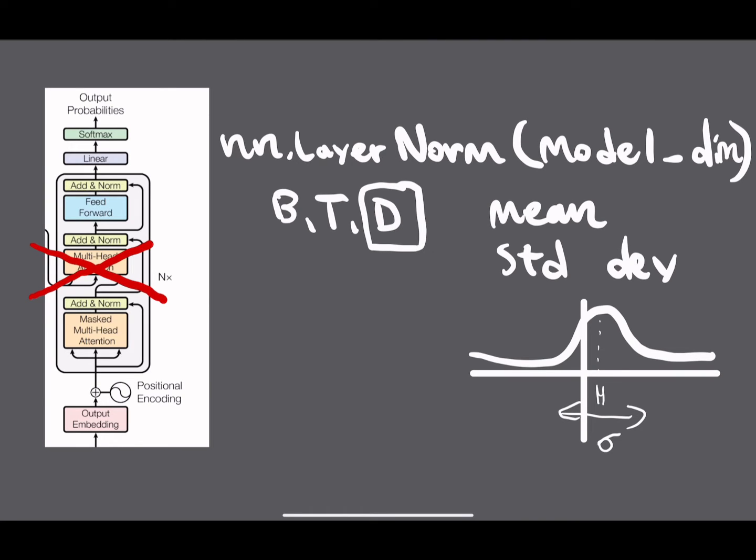This refers to something called layer norm, which you can use as a layer, making an instance variable inside the constructor for the transformer block class. That's going to be nn.LayerNorm, and you simply pass in model dimension. This tells the layer that whatever tensor is passed in, it's B by T by D, go ahead and do the normalization along this dimension.